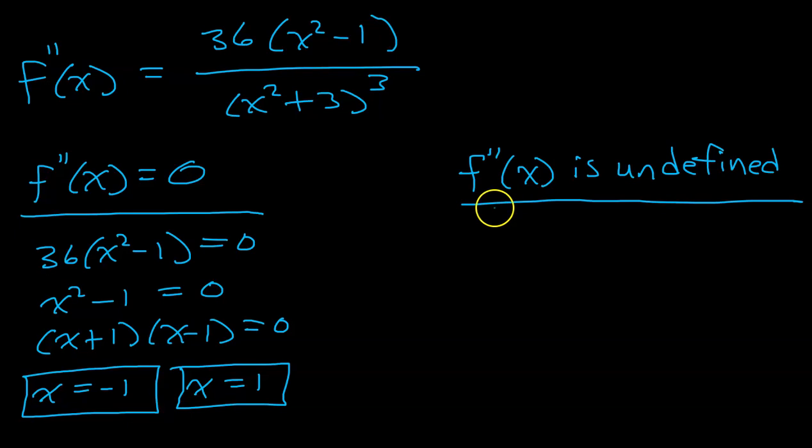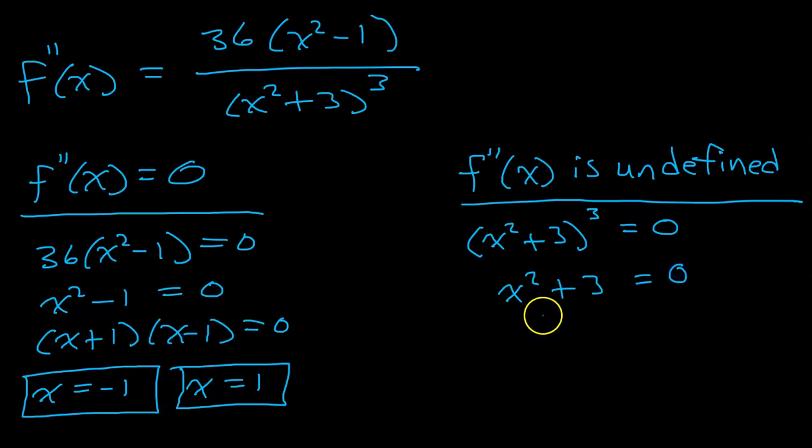Now, where will the second derivative be undefined? Well, that'll happen when the denominator is equal to 0, because the denominator is not allowed to be 0. If I take the cube root of both sides, that's going to give me x squared plus 3 is equal to 0. Subtracting 3 from both sides, this is looking really familiar.